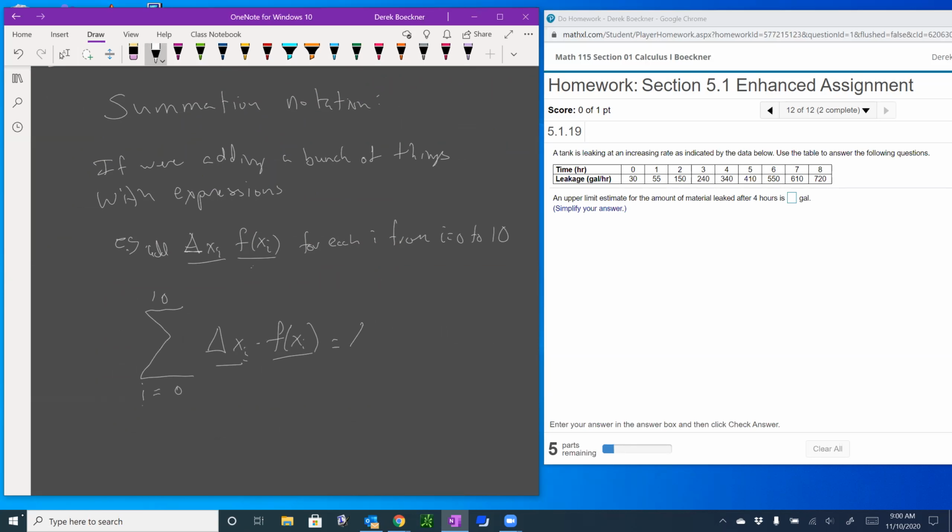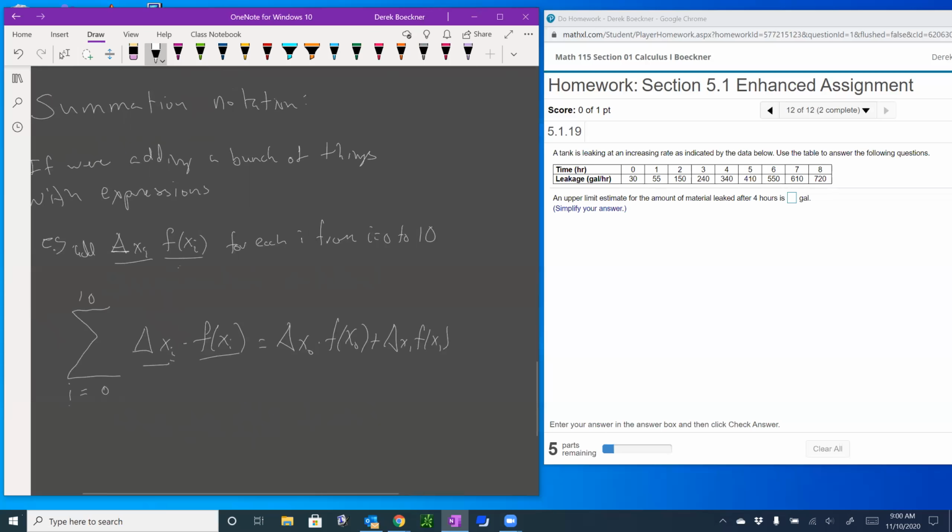This is equal to delta x0 times f of x0 plus, well, from i equals 0 to 10, these are just integers on my index. The next one would be delta x1, f of x1. The next one would be delta x2.